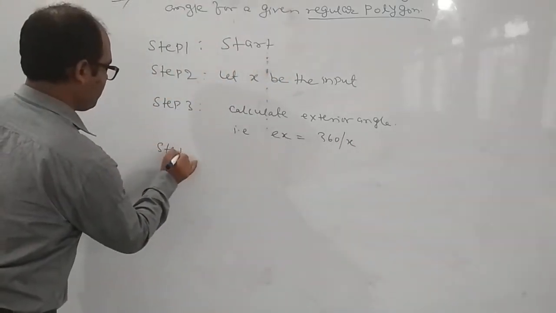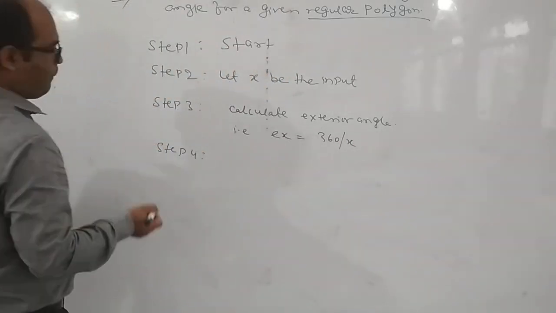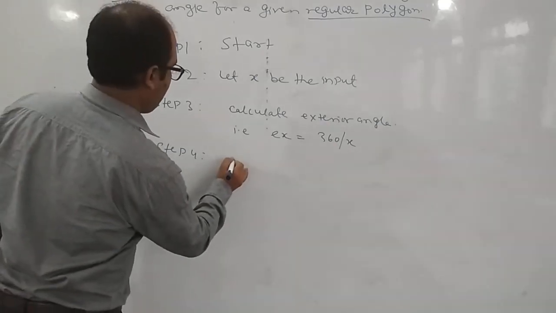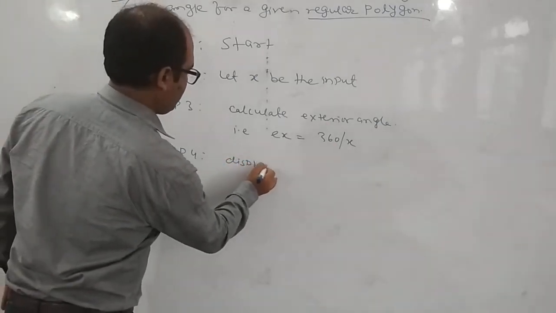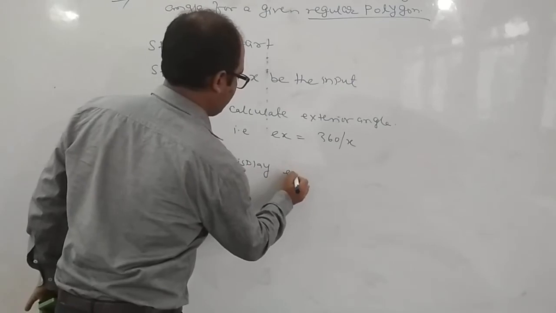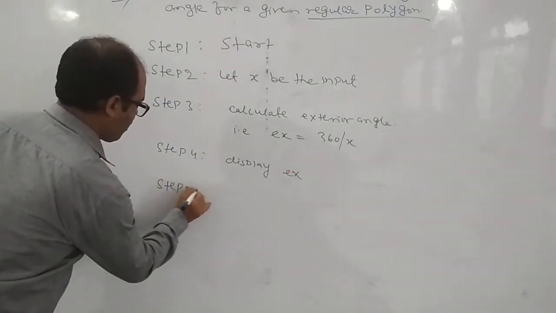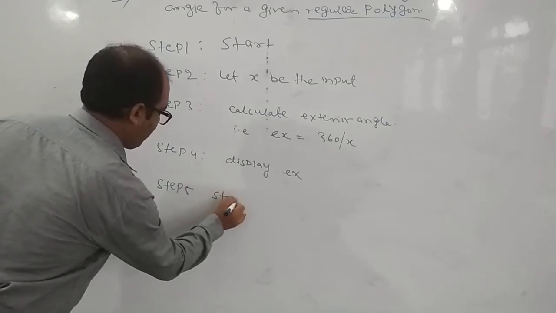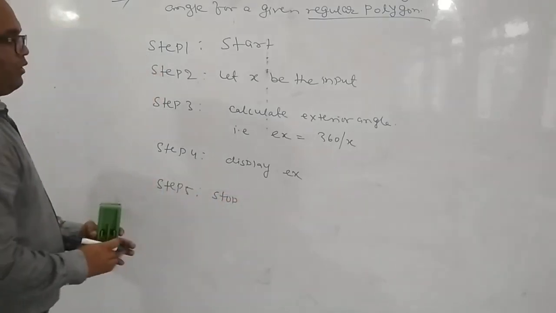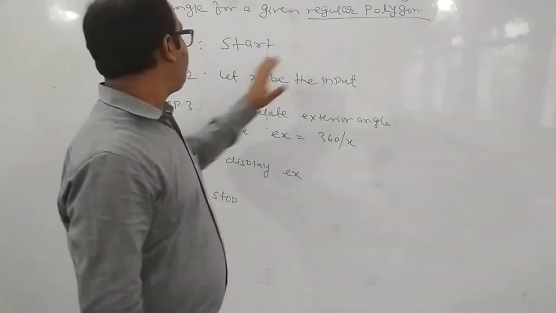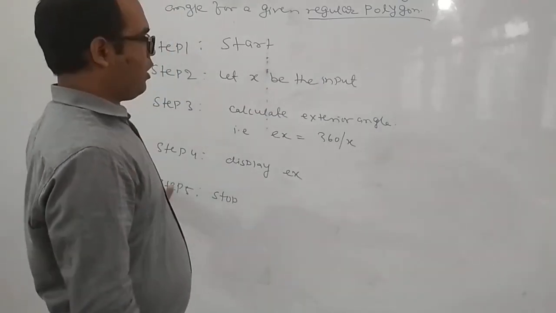Step 4. Display EX, the exterior angle. Step 5. Stop or end. Now we will check whether this algorithm is right or wrong.